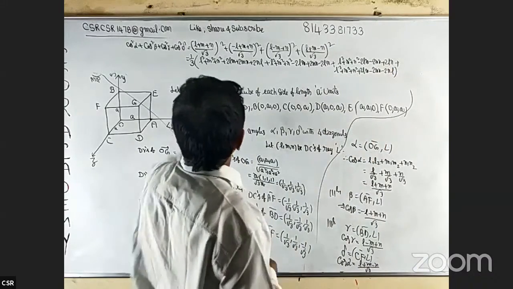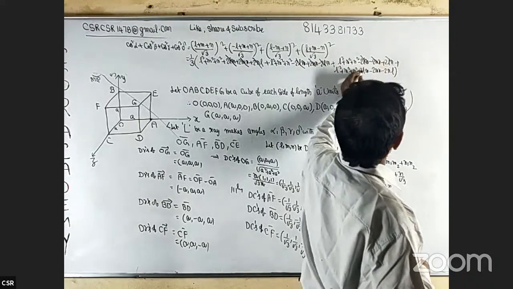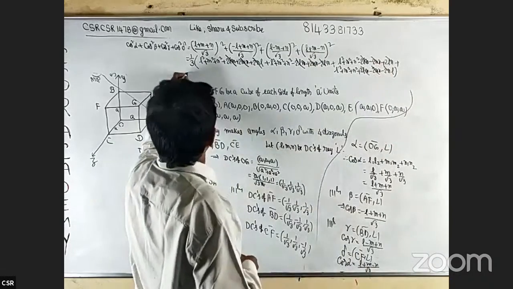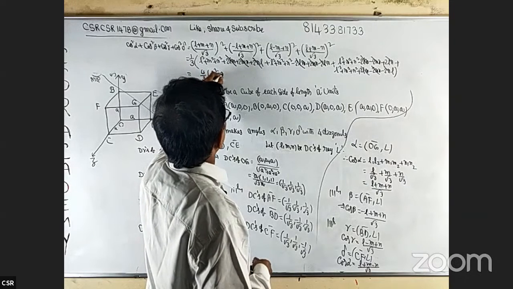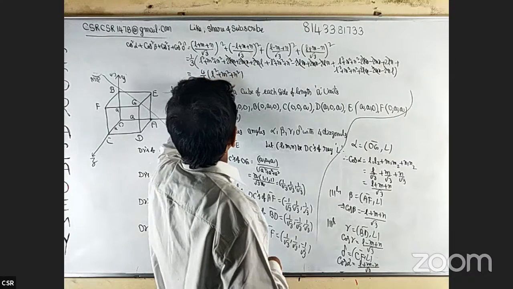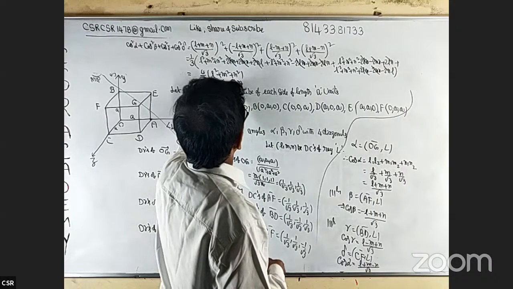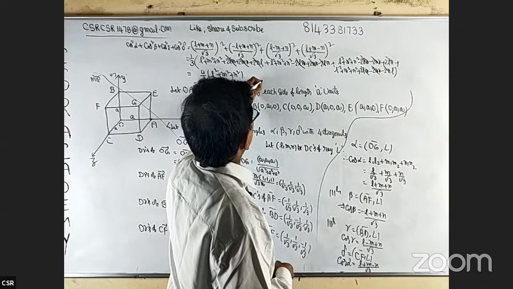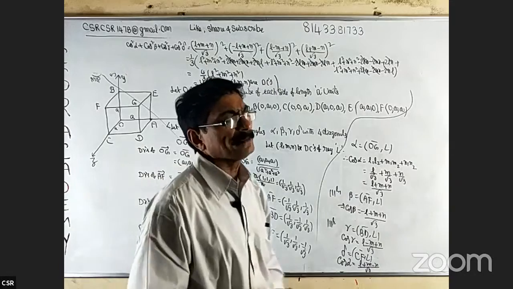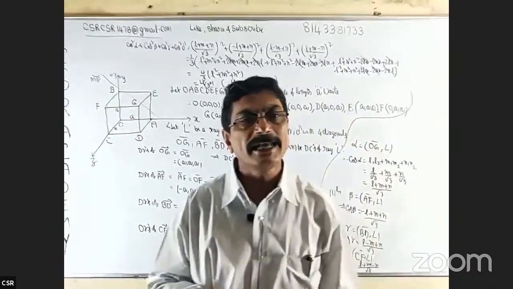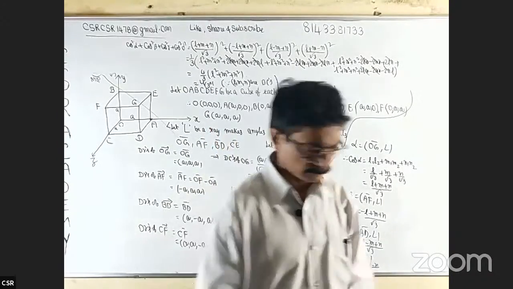Now other than the square values, everything cancels, positive and negative. This is each one 4 times, 4 by 3 (L square plus M square plus N square). This is equal to 4 by 3 into 1, since L, M, N are DCs. DCs means immediately L square plus M square plus N square is 1. So the final answer is 4 by 3. Very, very important problem. Please note down.